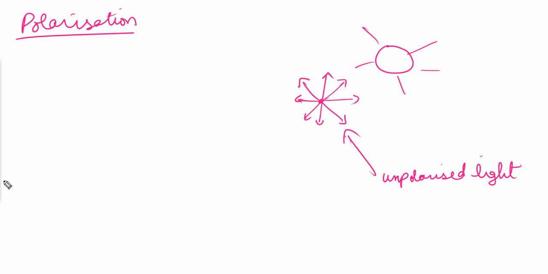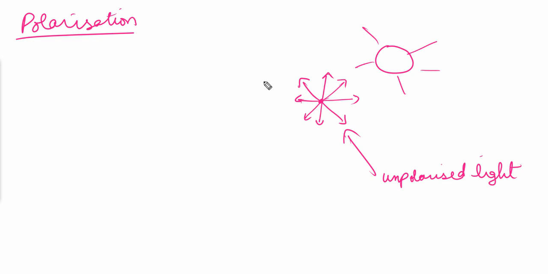So over here you can see the particles are vibrating. Some particles are vibrating in the vertical direction, some are vibrating in the horizontal direction, some are vibrating in directions at some angles. All right, so we will put a polarizer in the path of this photon, and we will convert these particles to vibrate in only one direction.